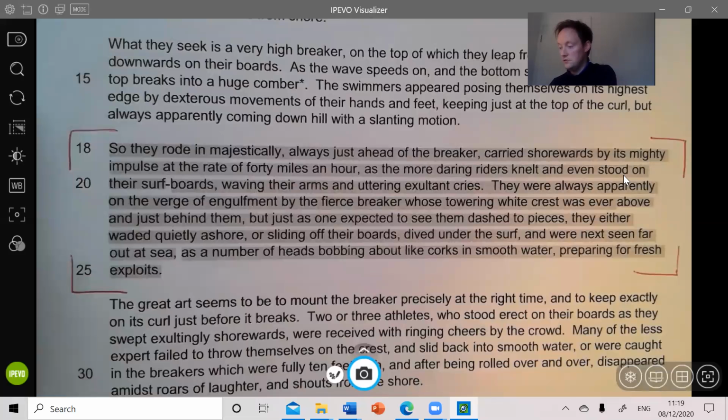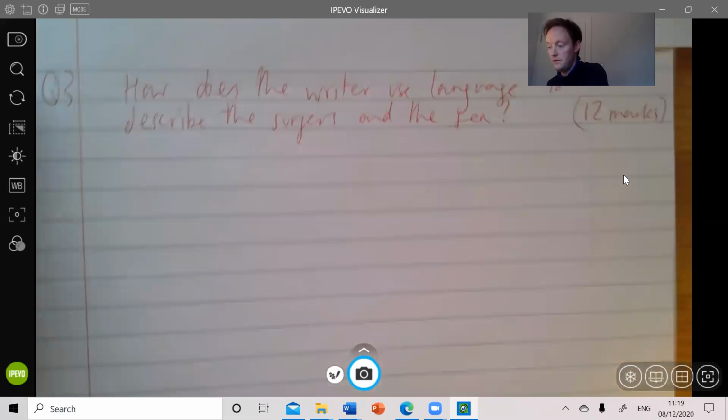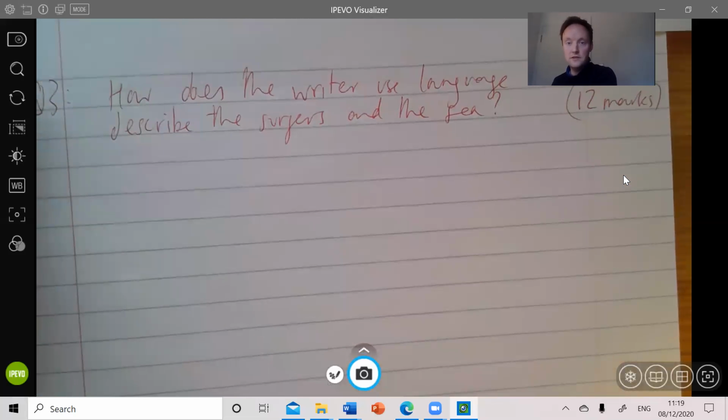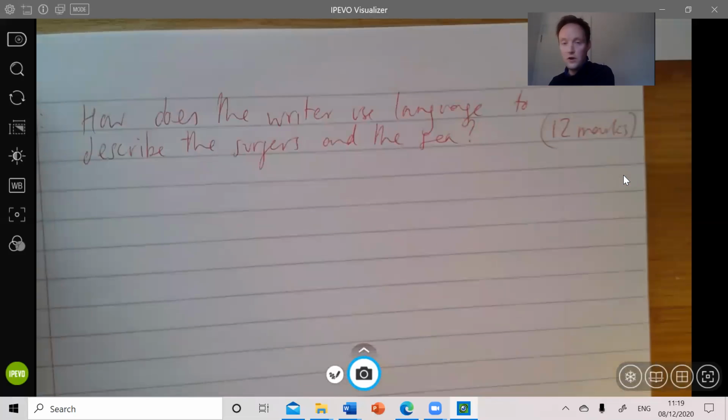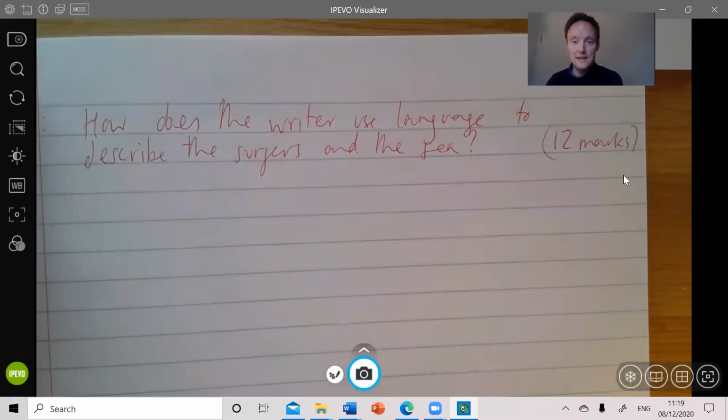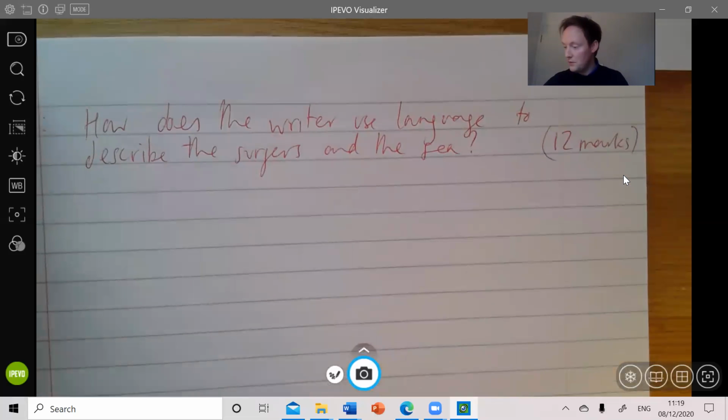And the question asks, I've got it this time written down, how does the writer use language to describe the surfers and the sea? So the very first thing that we have to do is say what the surfers are like and what the sea is like. You know, what are they doing? How are they described? So don't start identifying nouns, verbs, or adjectives or anything like that just yet. It's simply what are they like?